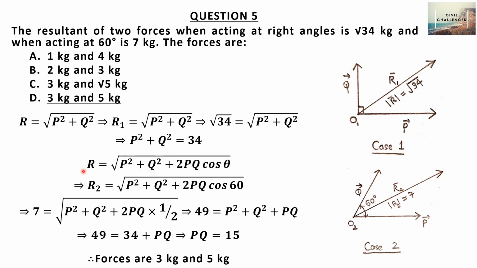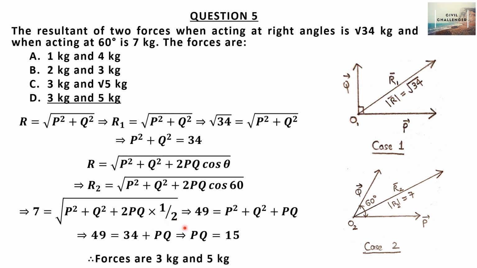Substituting the corresponding values, R2, which is the resultant of the second case, is equal to square root of P square plus Q square plus 2PQ into cos 60 degrees. Cos 60 degrees is 1 by 2. So we get the equation as 7, because R2 has a magnitude of 7, is equal to square root of P square plus Q square plus 2PQ into 1 by 2.